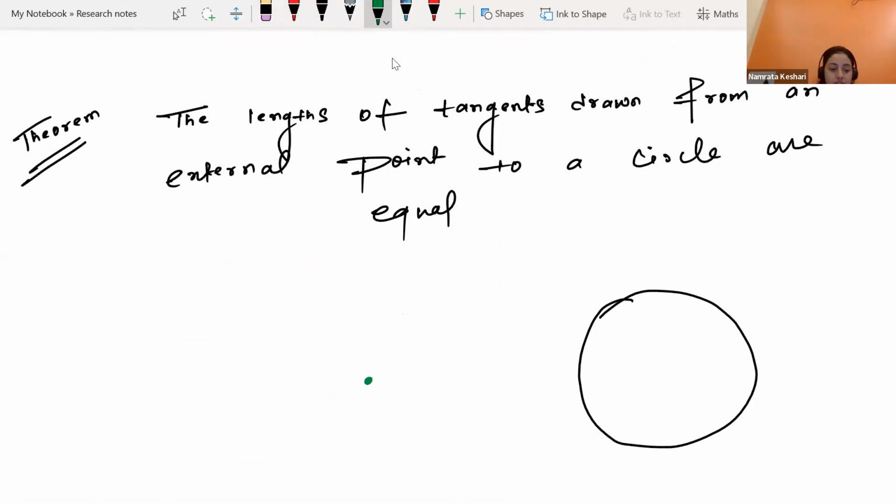Suppose we are having a point P over here, and we are drawing a tangent through this point. So let's draw it. Now I can extend this tangent, but when we will be talking about the length, we'll only be taking this much length, which I am showing over here.